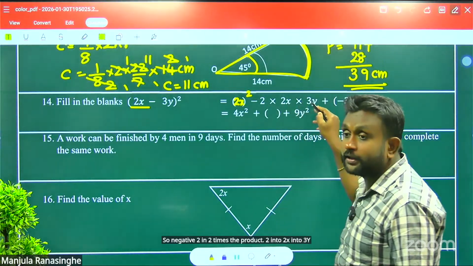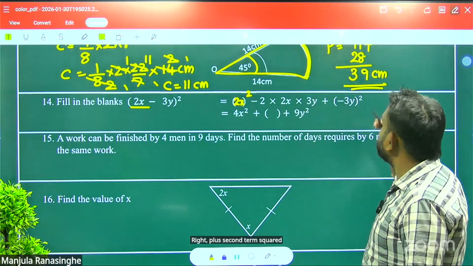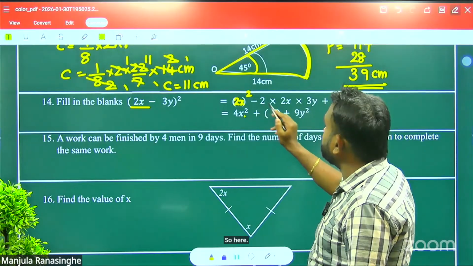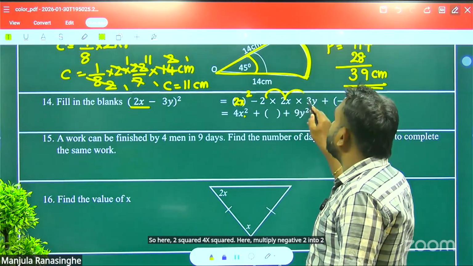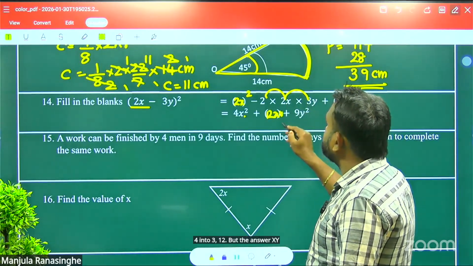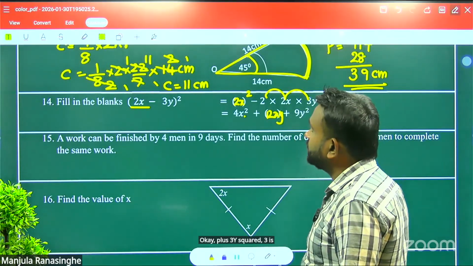Plus the second term squared, 3y perfect square. So here 2 squared, 4x squared. Here multiply negative 2 into 2, 4, 4 into 3, 12. What's the answer? xy product. Okay, plus 3y squared, 3 squared is 9, 9y squared.